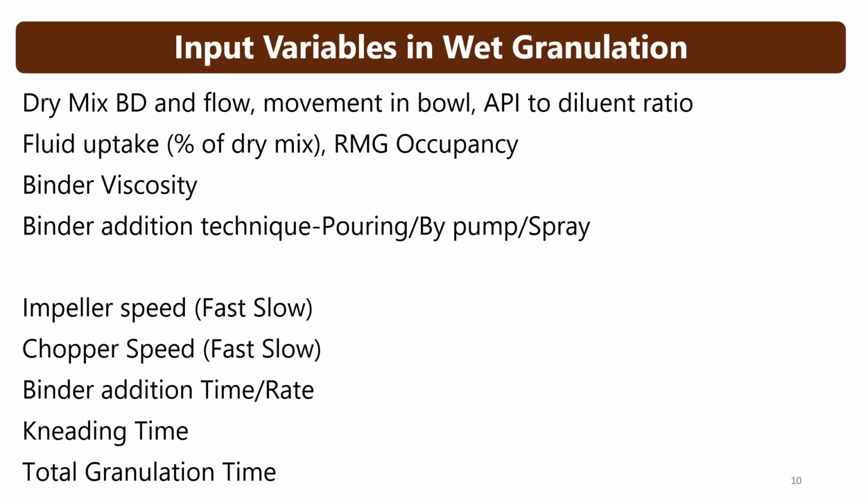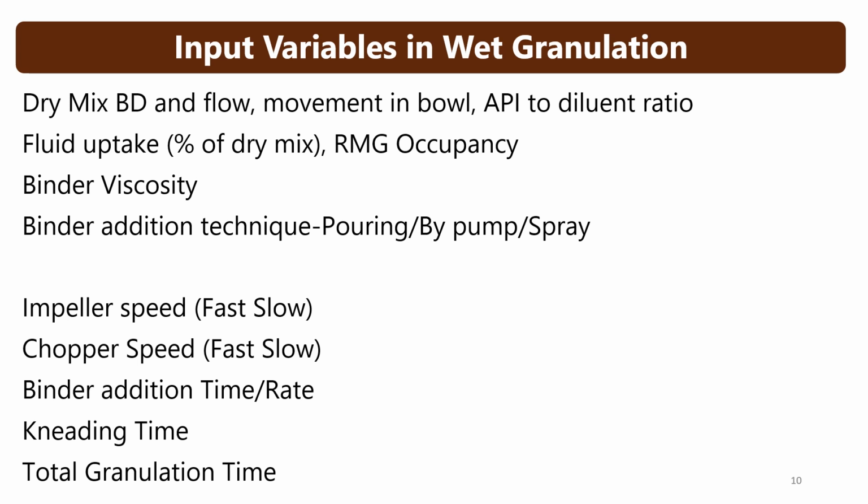Fluid uptake. So fluid uptake is percentage of the dry mix. If you are taking a dry mix material, for example say 100 kg, and you are adding 20 kg of the binder, so you can say that the batch is having 20% fluid uptake.